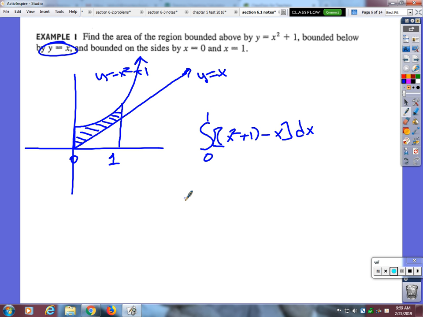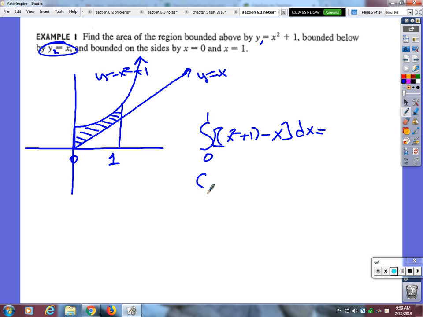Do you want to take that one, Tegan? Yeah, I mean, I guess I could call this y1 and y2 and go y1 minus y2, but then I can't, I mean.